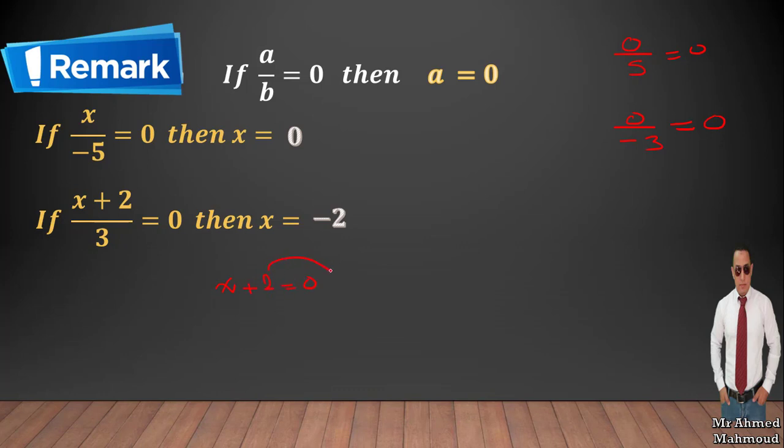I'm going to send 2 to the right side, so it will be 0 minus 2, so x equals negative 2. You can solve it by guessing, and you can solve it by solving the equation. Both are correct.